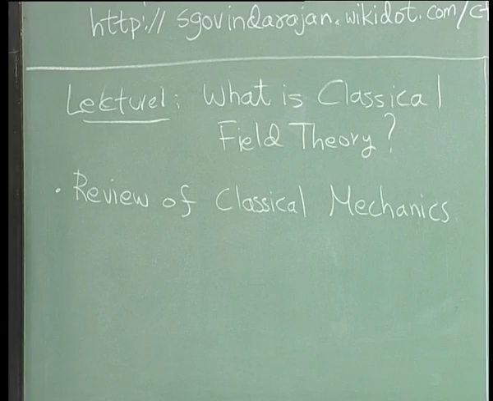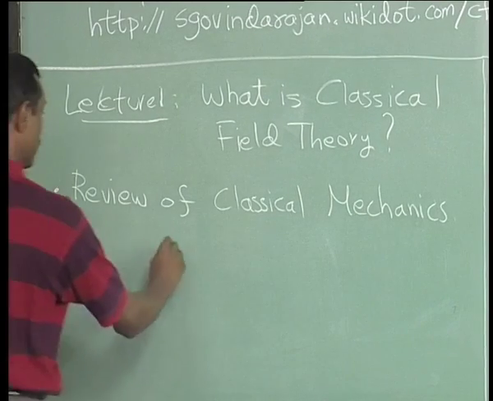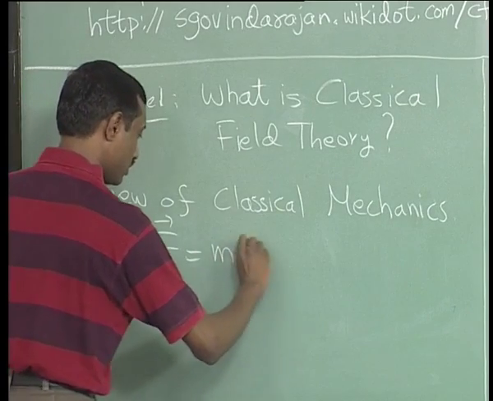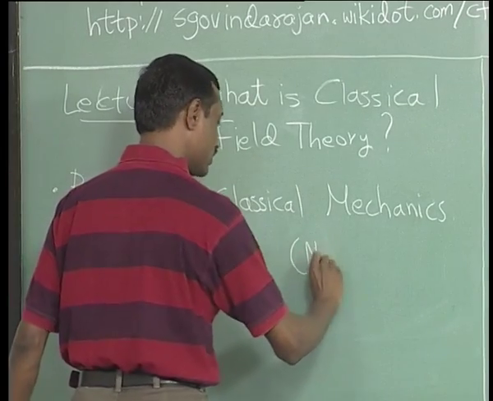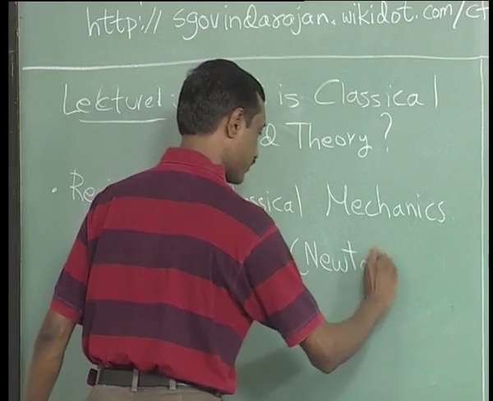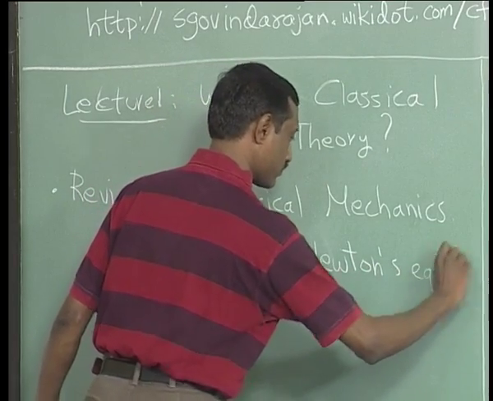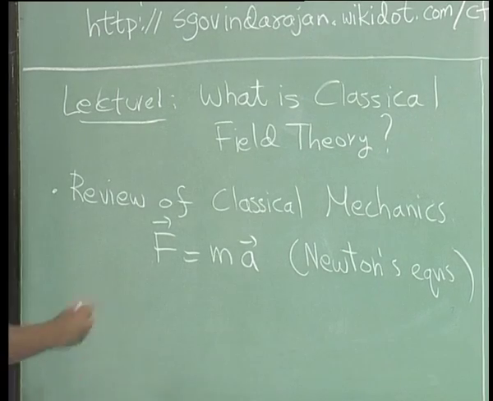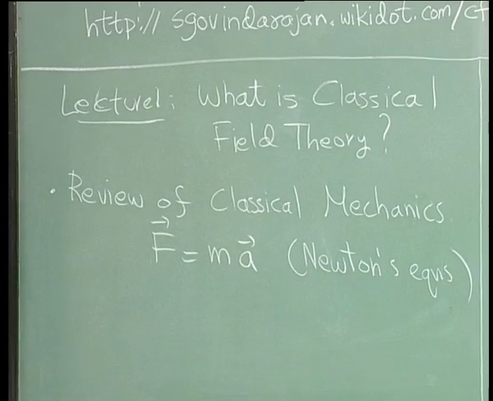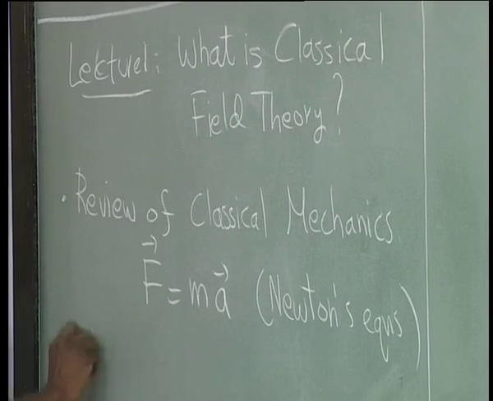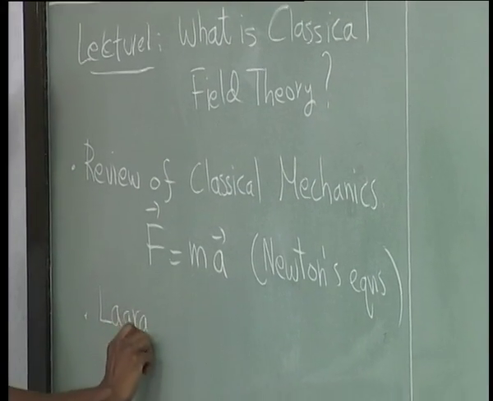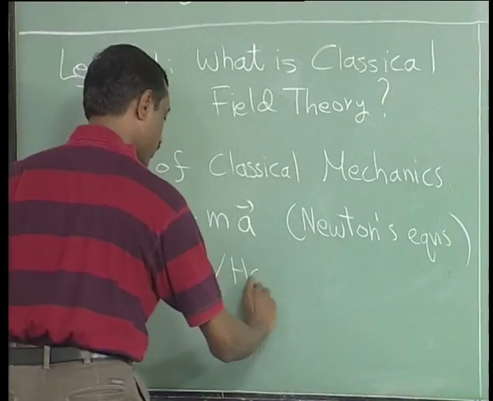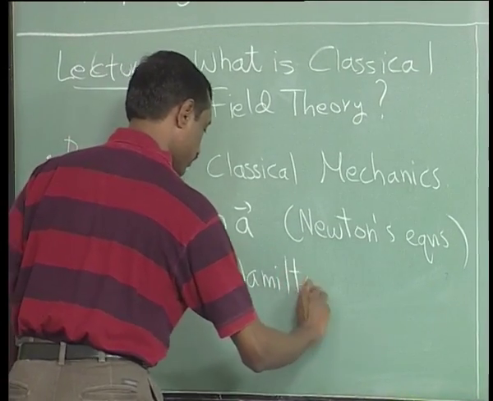So, you start in high school where we usually write things like F equal to ma, and this is Newton's equations. But as you move ahead, you realize that there are more sophisticated ways of handling things. For instance, you learn about Lagrangians and Hamiltonian formulations of mechanics.